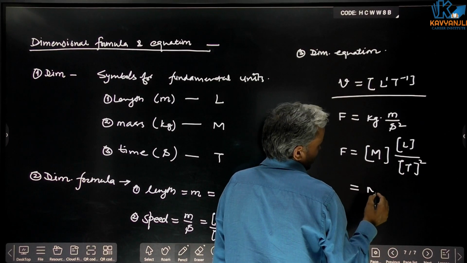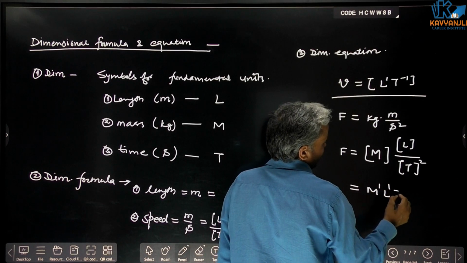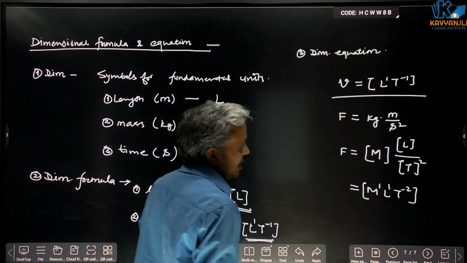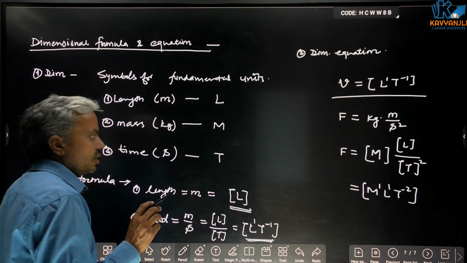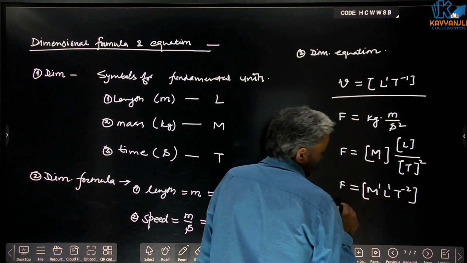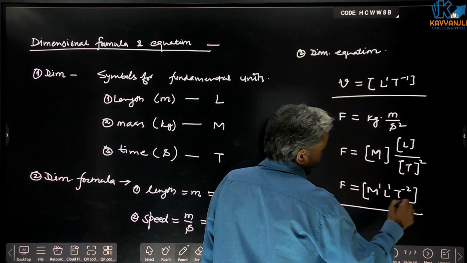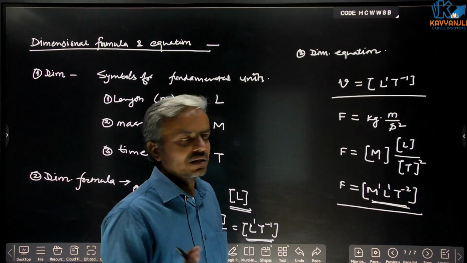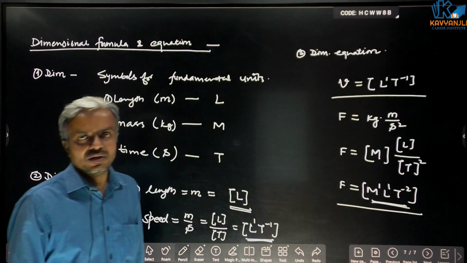So it will be M1 L1 T minus 2. So in the dimensional equation or dimensional formula, we do not write any symbolic units in division. There will be no division part in the dimensional equation.